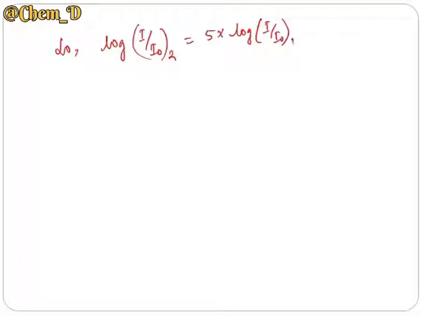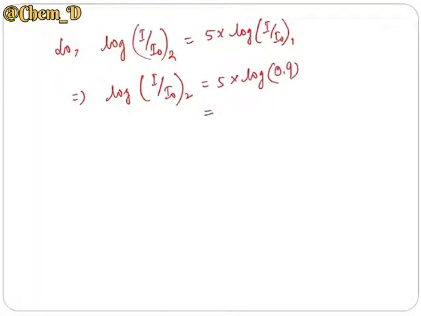So log I by I0 for 2 is equal to 5 into log 0.9.